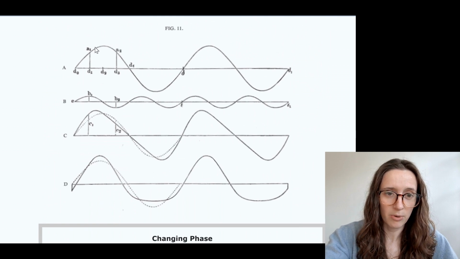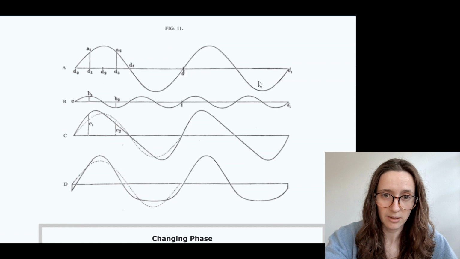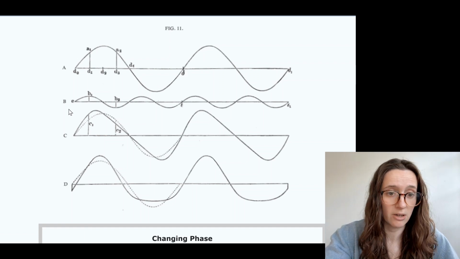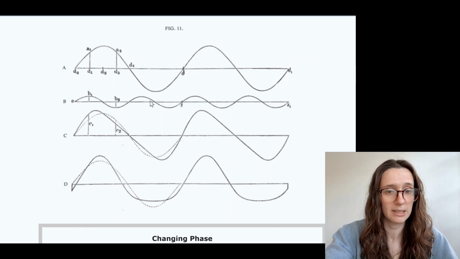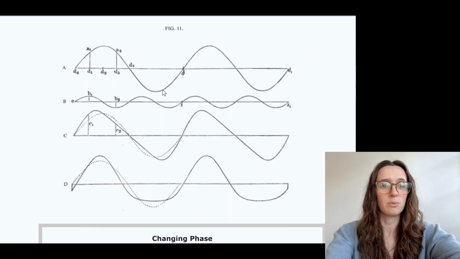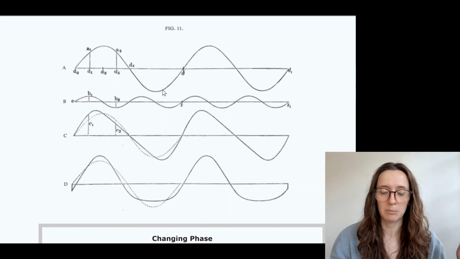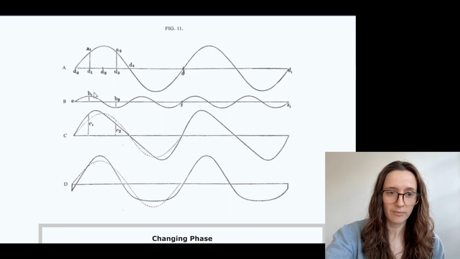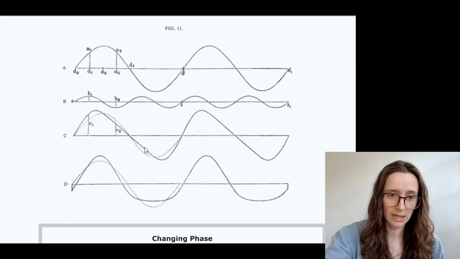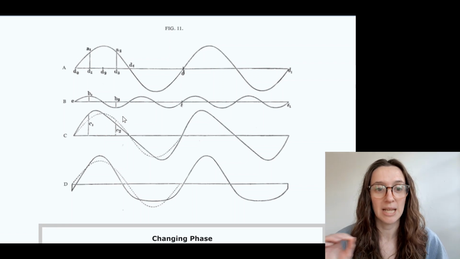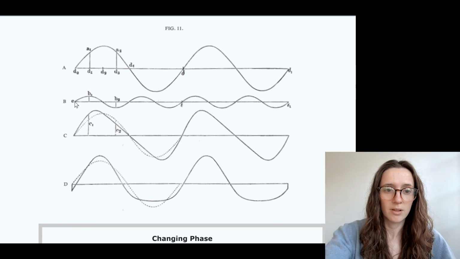We have our prime tone here, and curve B here has a period of 2 times that. Now, if these waves were to be playing simultaneously, they would create this wave, wave C. And Helmholtz actually suggests that you take a piece of graph paper and plot this out by hand.